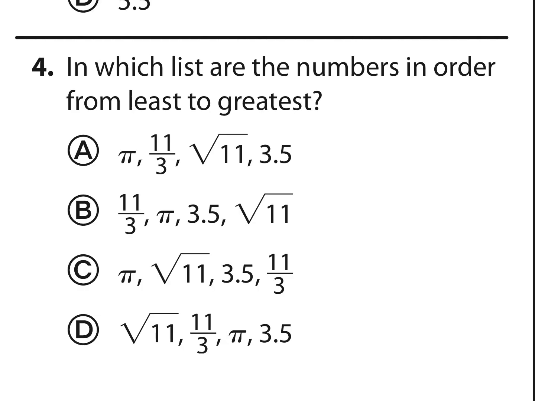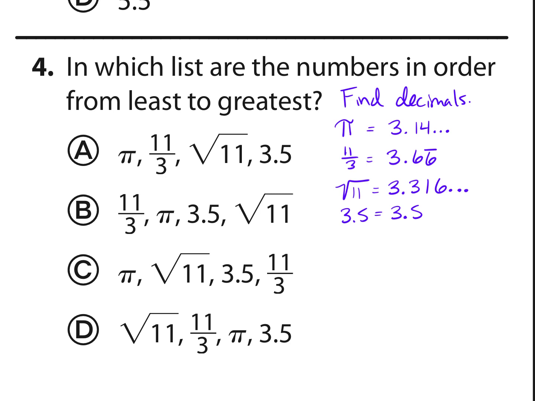Number 4, in which list are the numbers in order from least to greatest? We have the same 4 numbers in different orders in the answer choices, so I would find the decimal value of every number, and then we'll figure out our order. Comparing in the ones place, they're all the same, so I move on.